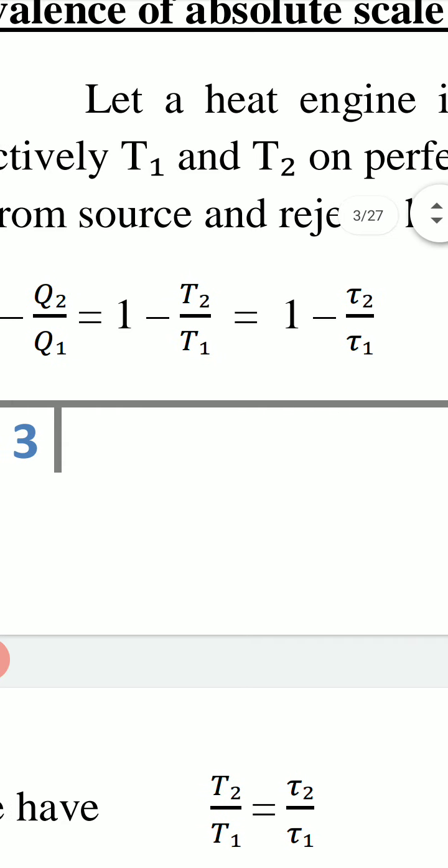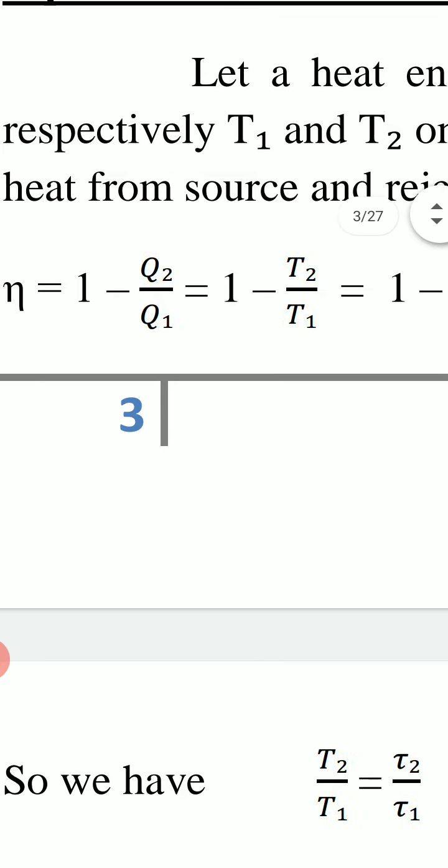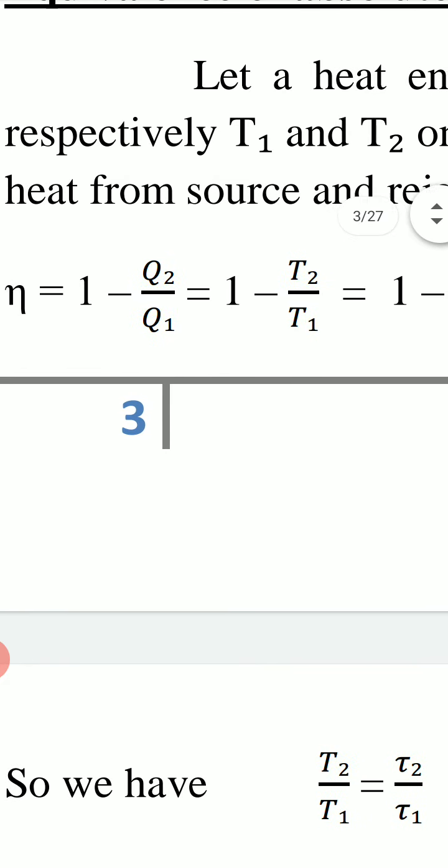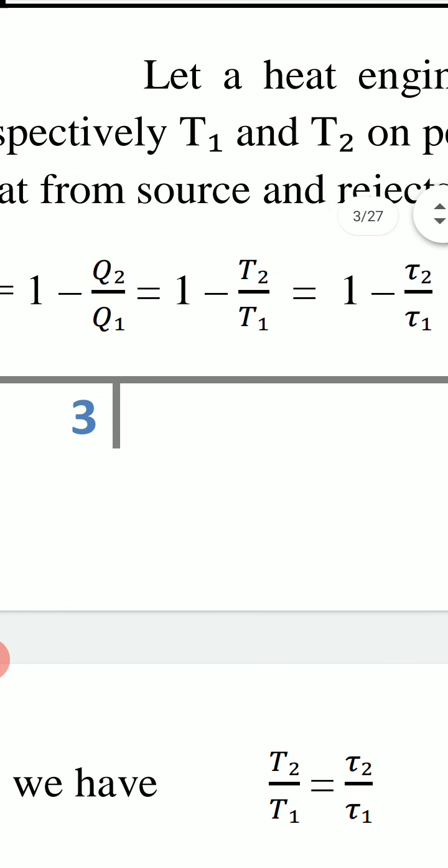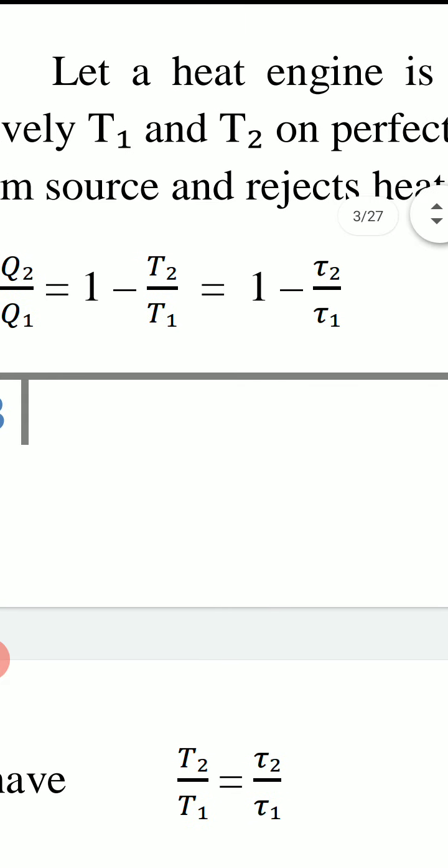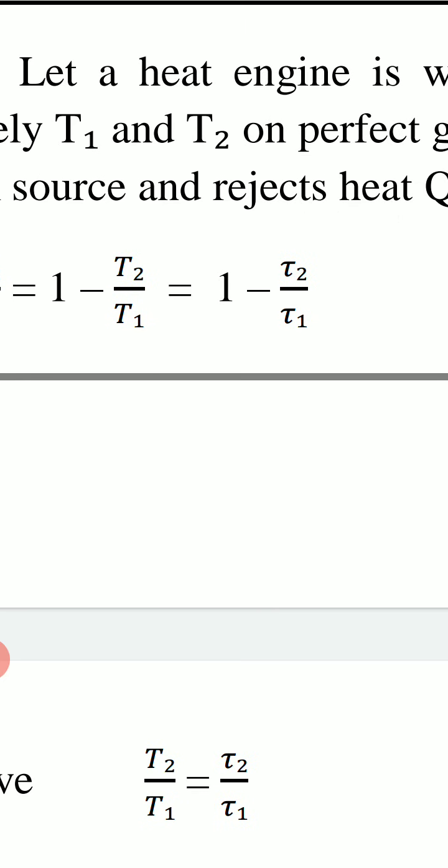So this Q2 upon Q1 is also equal to tau 2 upon tau 1. So efficiency eta, which is 1 minus Q2 upon Q1, is equal to 1 minus T2 upon T1, and it is also equal to 1 minus tau 2 upon tau 1. Capital T are temperatures on the perfect gas scale, and tau are temperatures on Kelvin's absolute scale.